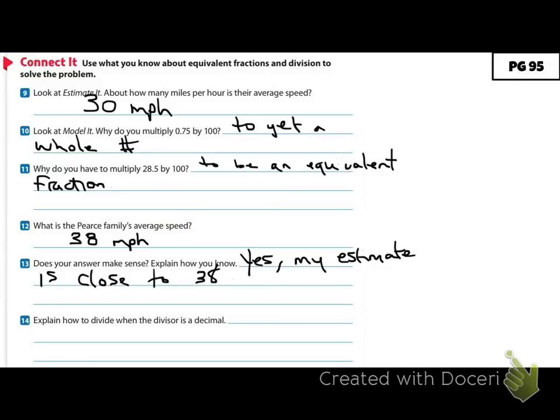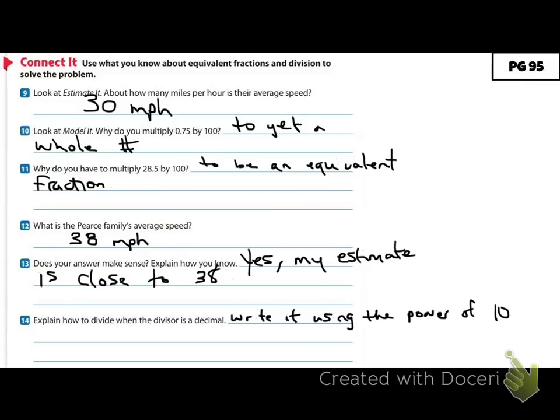Now explain how to divide when the divisor is a decimal. Well, rewrite it. Write it using the power of 10. So if it's 100th, multiply it by 100.